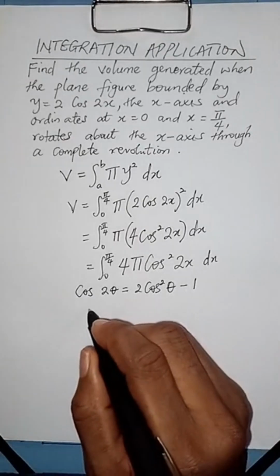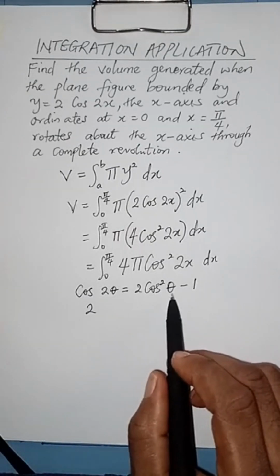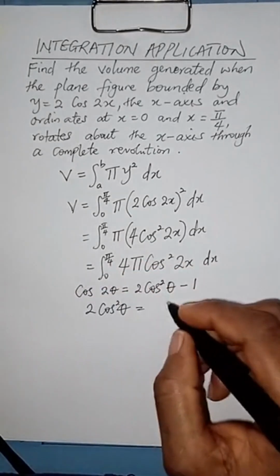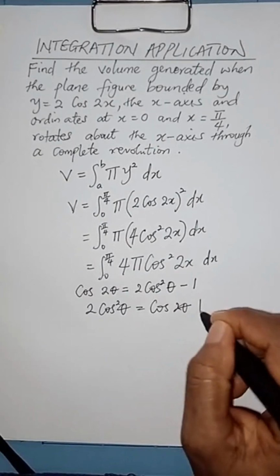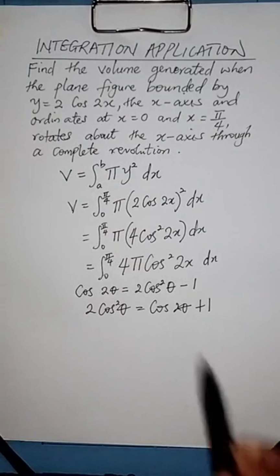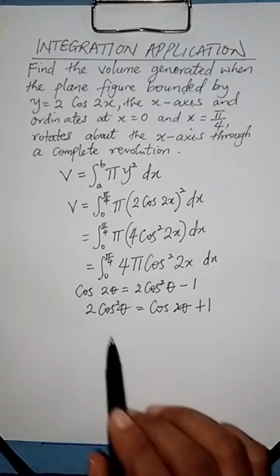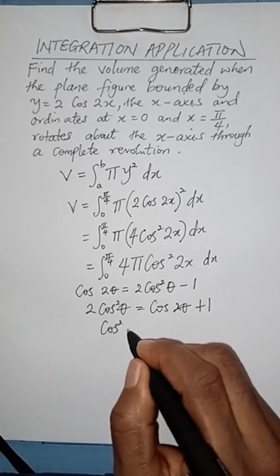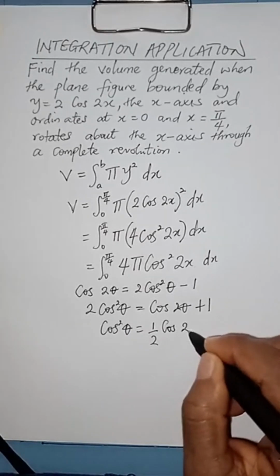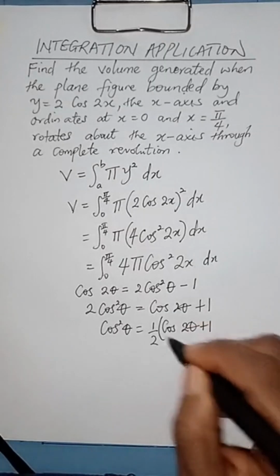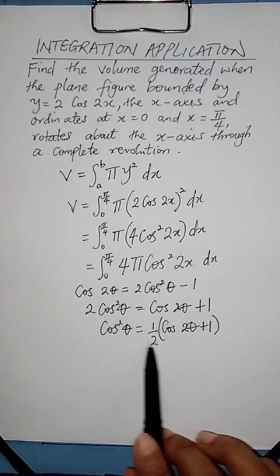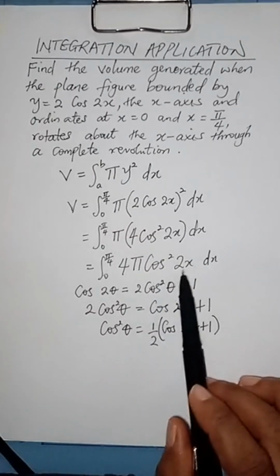This is the same thing as, if I make 2 cos squared theta the subject of the formula, minus 1 will move to this side and become cos 2 theta plus 1. But what I'm actually looking for is cos squared 2x. So here, cos squared theta is 1 divided by 2 times cos 2 theta plus 1. So you can put the expression in brackets. Now this has given us an idea of how to get cos squared 2x.